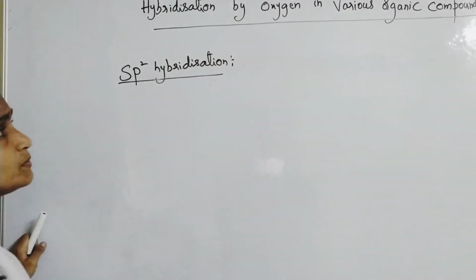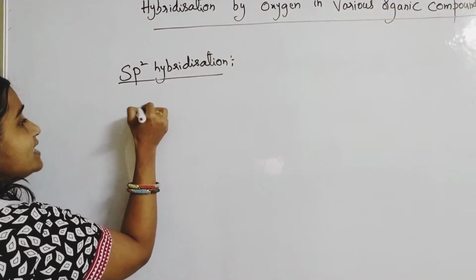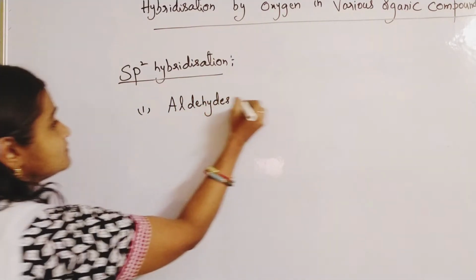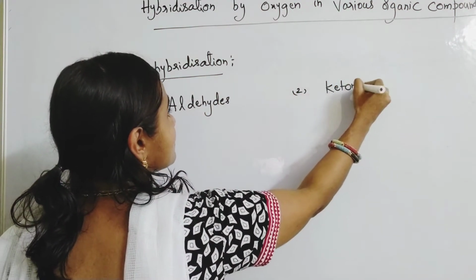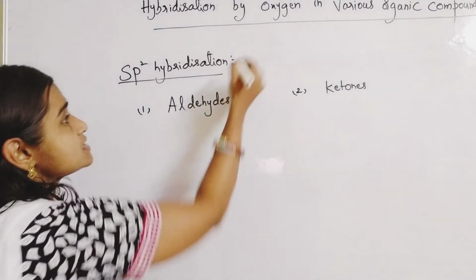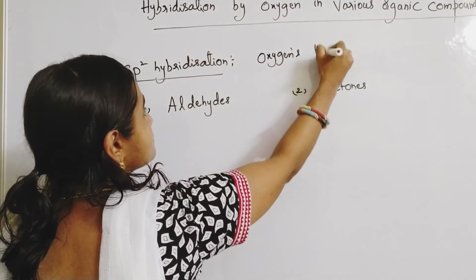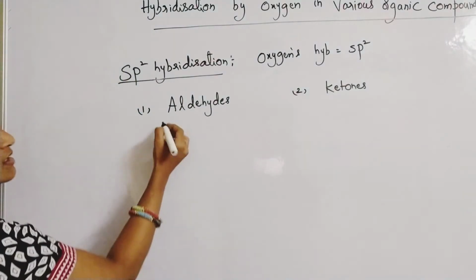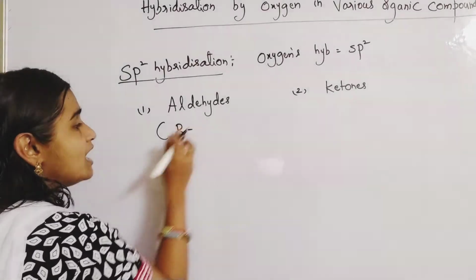So sp2 hybridization is undergone by aldehydes and ketones. In both these cases, oxygen undergoes sp2 hybridization. Aldehydes, you all know, have the functional group CHO, where R means alkyl group.